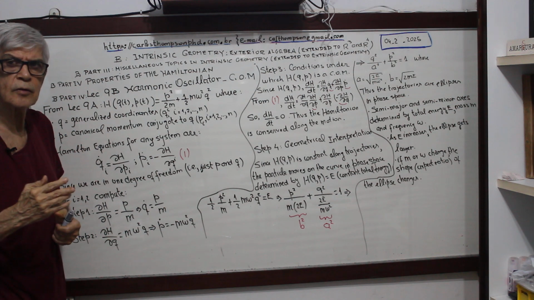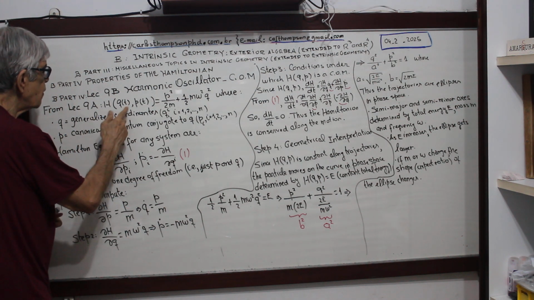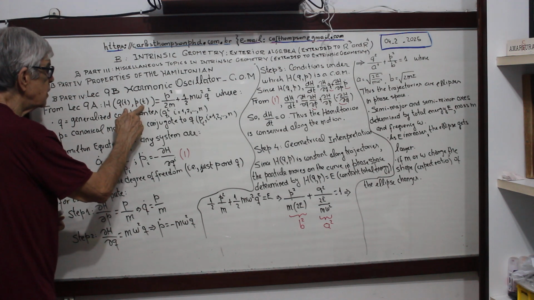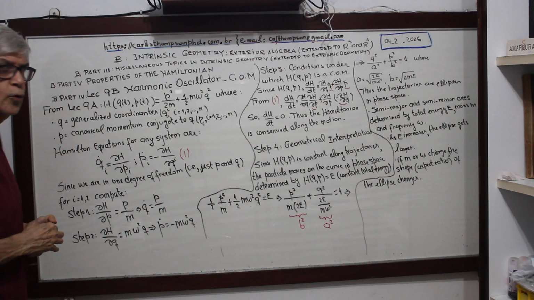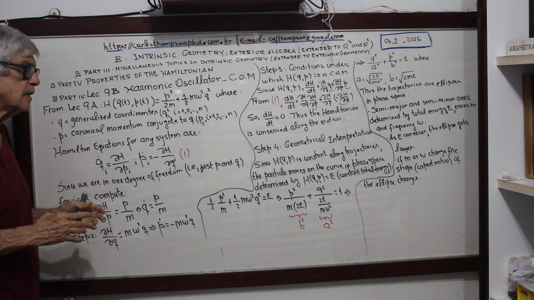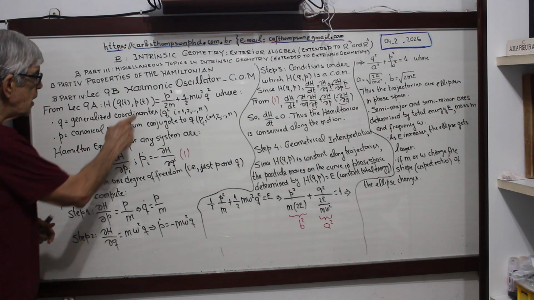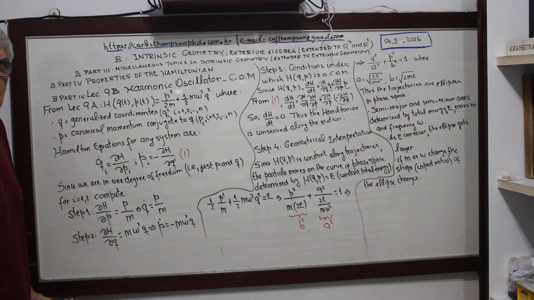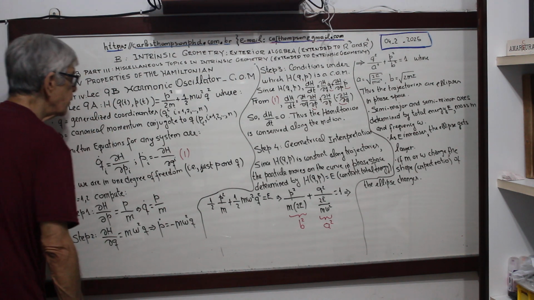So H is a function of q(t), p(t). Attention now, in this case the Hamiltonian is autonomous. So that's why t does not appear explicitly in this Hamiltonian here.